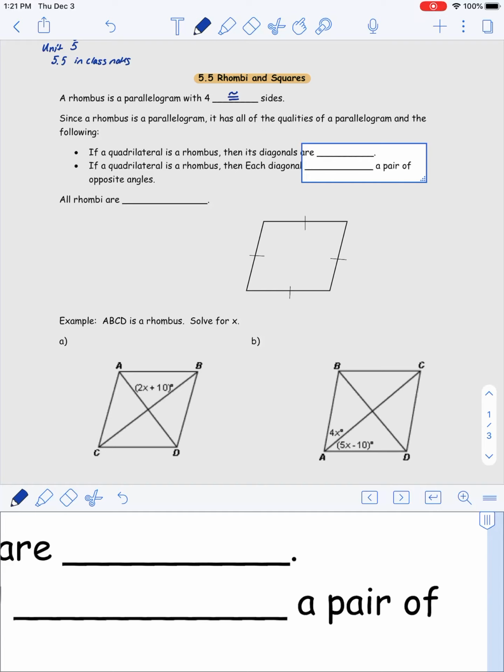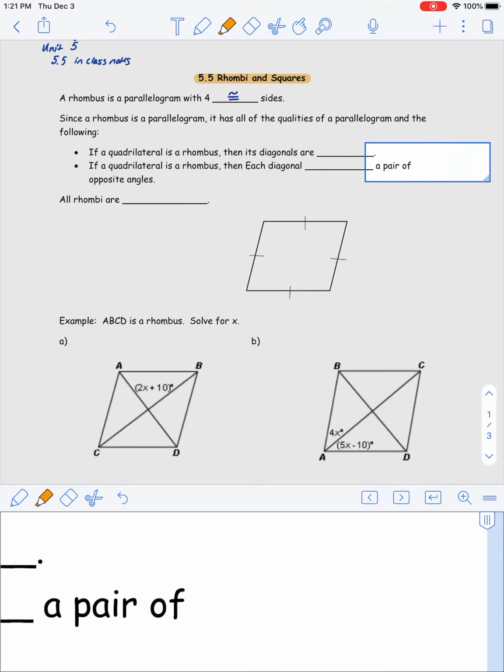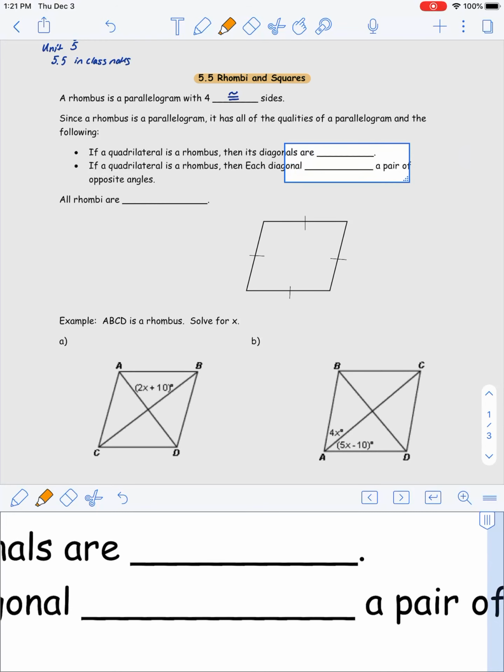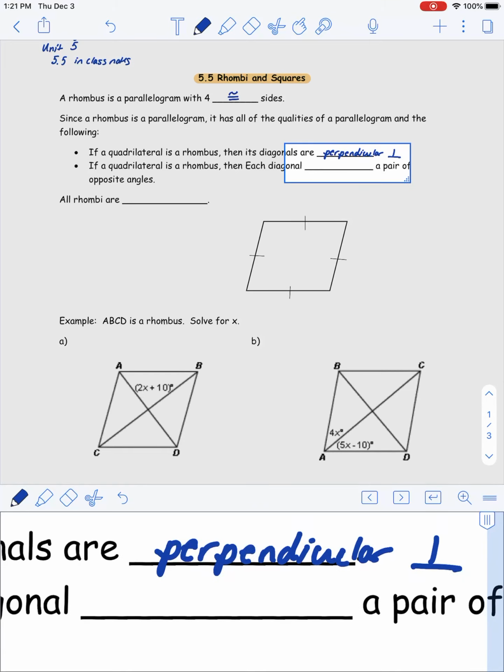So the 2 more are: if a quadrilateral is a rhombus, then its diagonals are perpendicular. And just a reminder, perpendicular means 90 degrees.